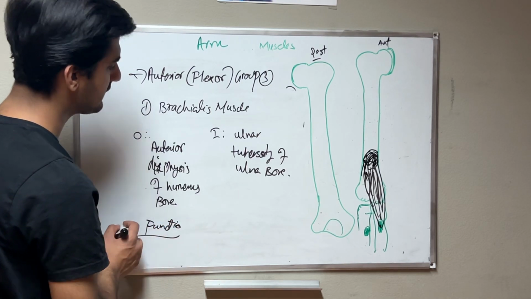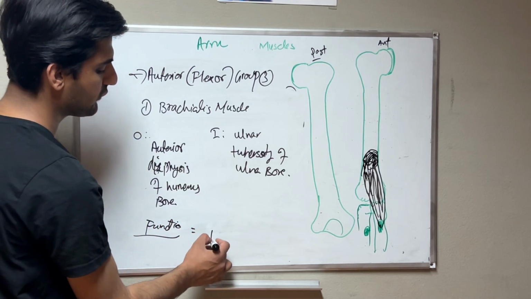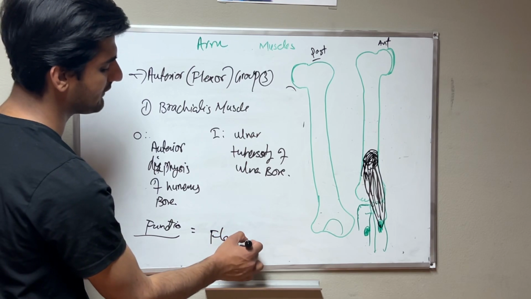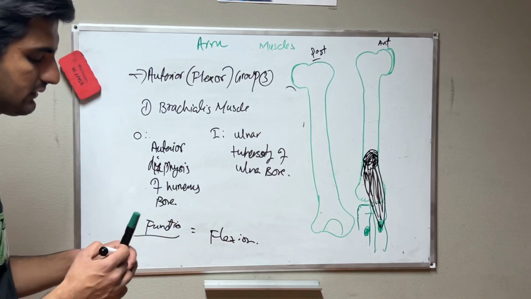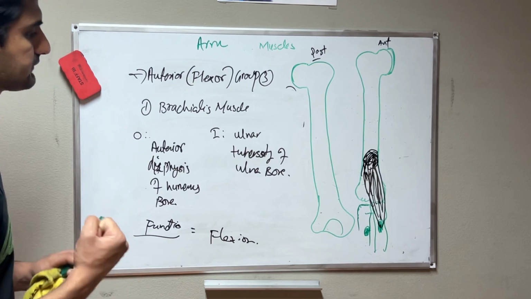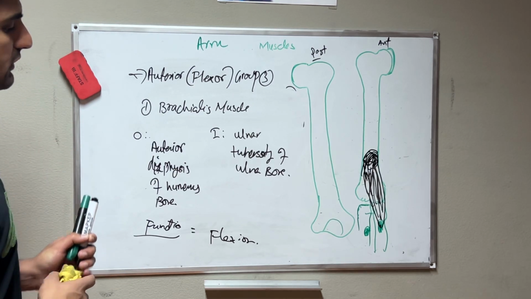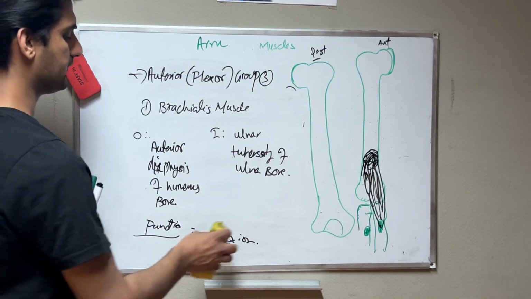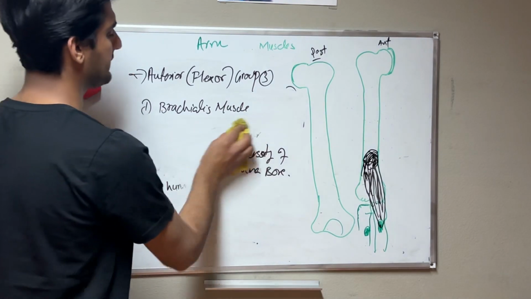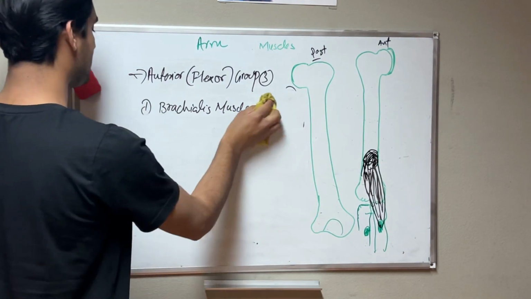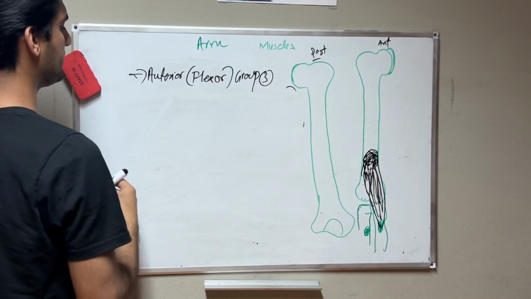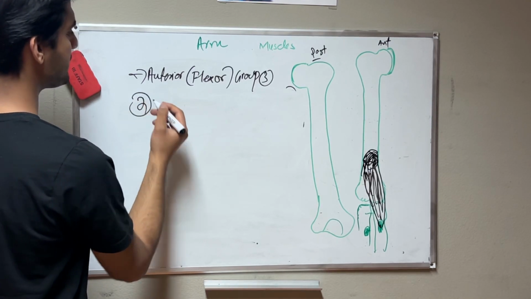The function of this muscle is flexion of the elbow joint, because it is a flexor muscle.